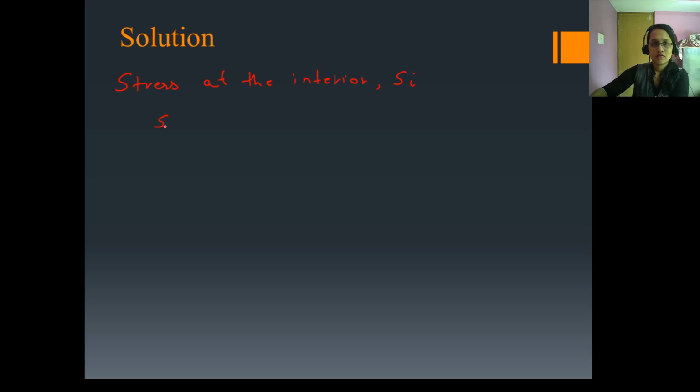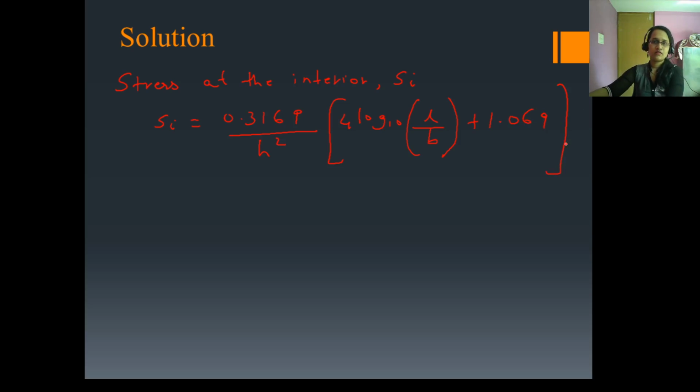We know that Si equals 0.316 P upon h square, into 4 log 10 of l upon b, plus 1.069. So this is the formula to calculate the stress at the interior.